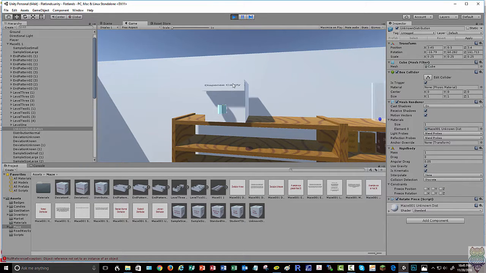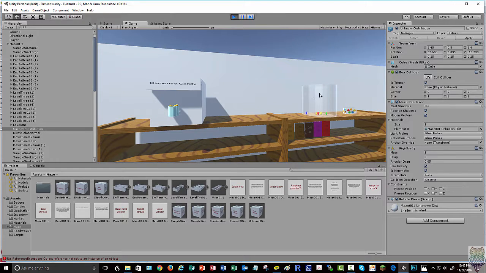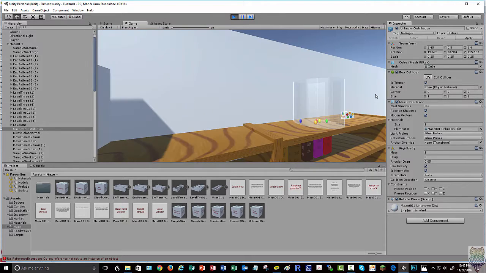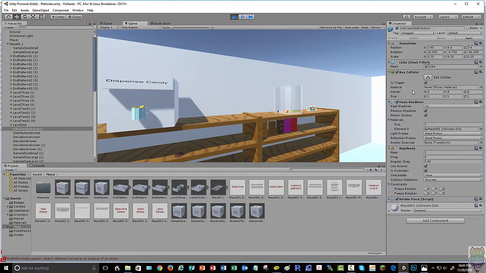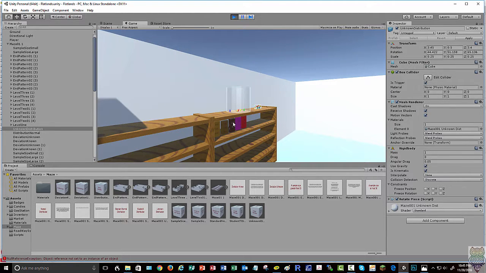Let's get some more candy. It's on a timer, so there has to be a slight delay between drops. There we go. And then over here, oh, I went through the wall. So if I try to pick this candy up, let's see.